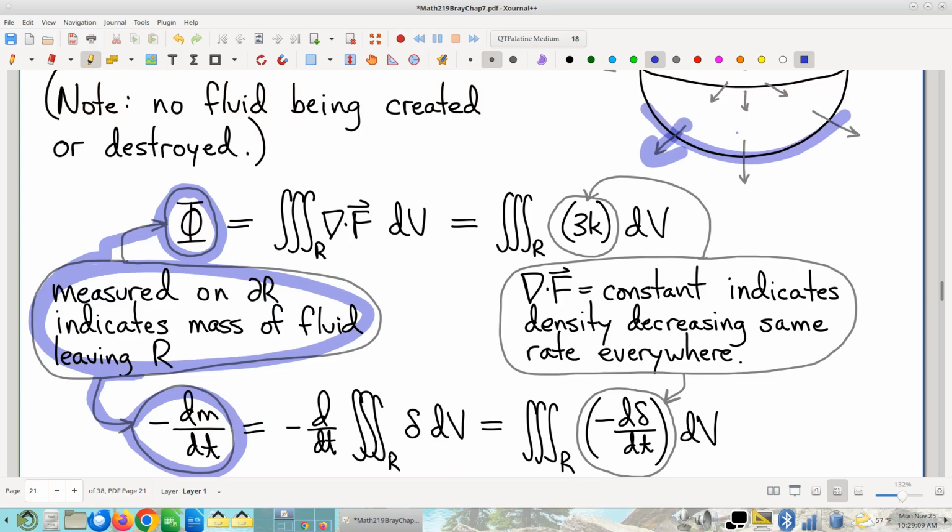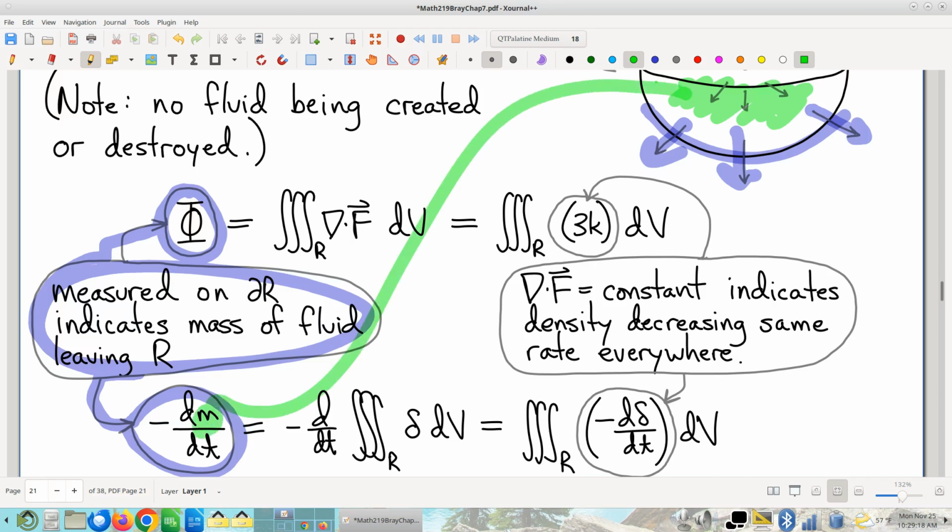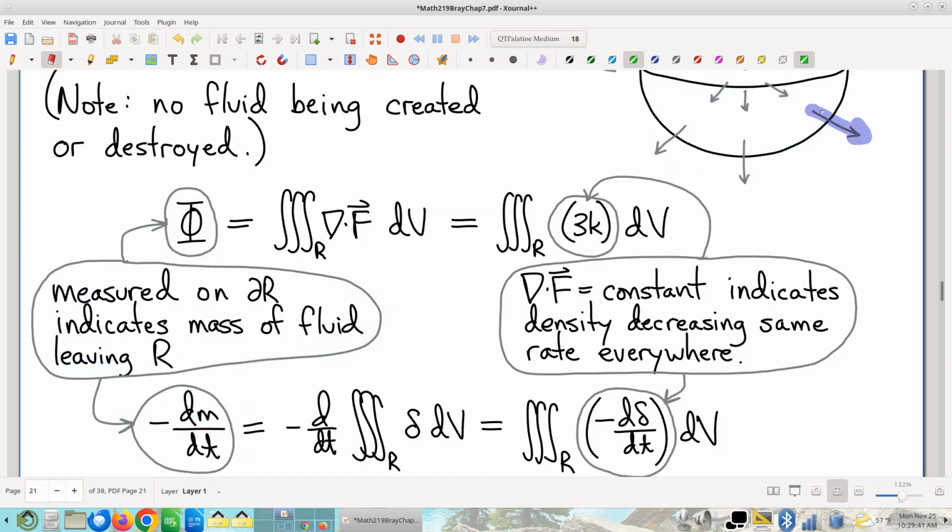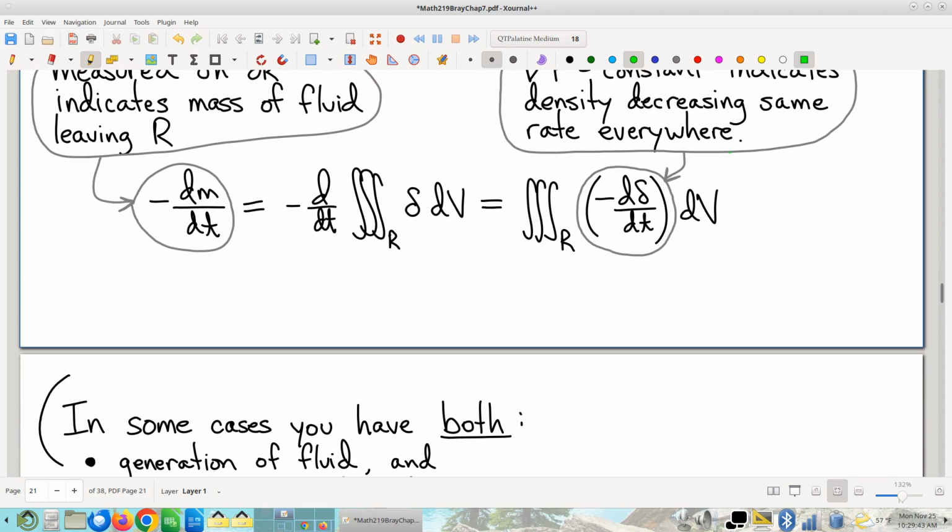As fluid leaves, right, the grand total amount of fluid in there is decreasing. Right? More flux, faster rate of decrease of the quantity of fluid inside of that sphere. And by the way, note the minus sign here. Minus indicating that the flux is giving you the negative of the rate of increase because it's giving you the rate of decrease.